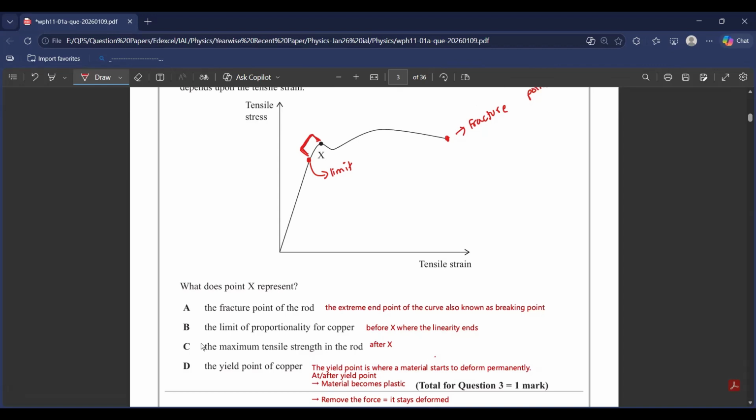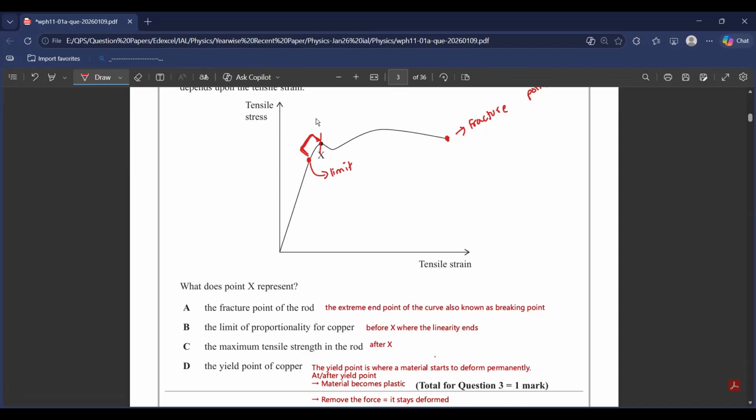So the force will not be directly proportional to extension. But at this point and after this point, the rod will start to deform plastically, which means that it will deform permanently. After this point, even if you remove the force, it will never return to its original shape ever again, right?